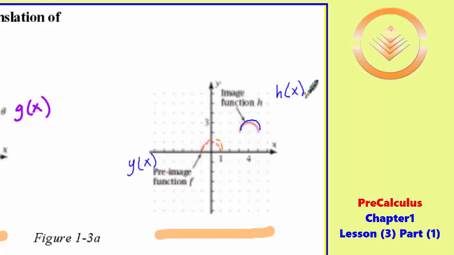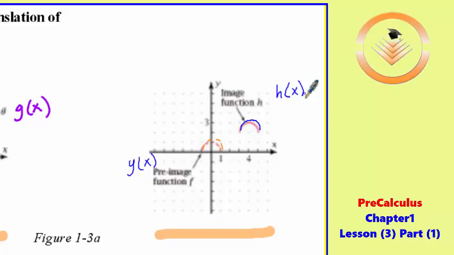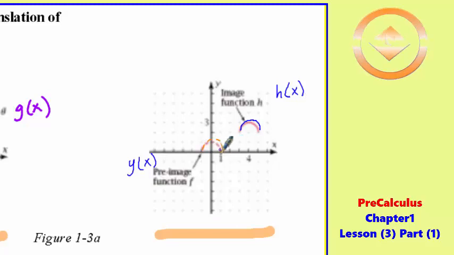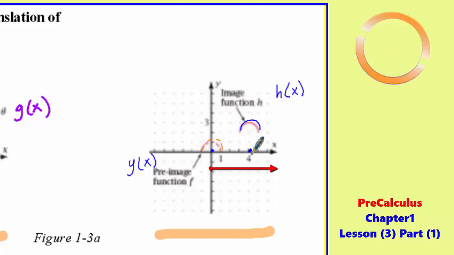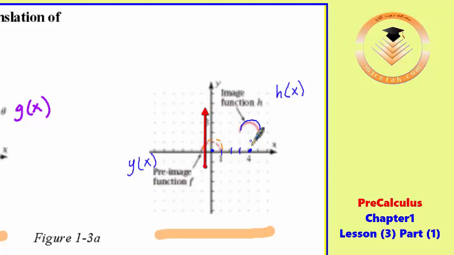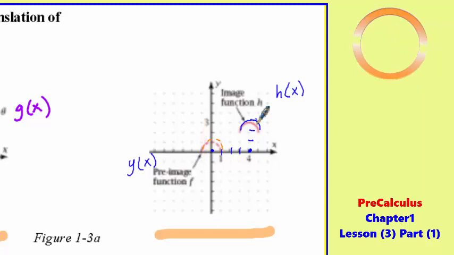Now as you can see, the pre-image function seems to retain its original pattern, its original appearance, and is just moved 4 units away from the y-axis and 3 units away from the x-axis. So it is somewhat moved.